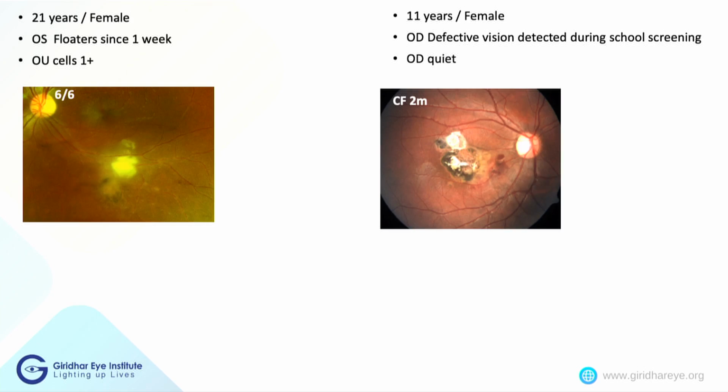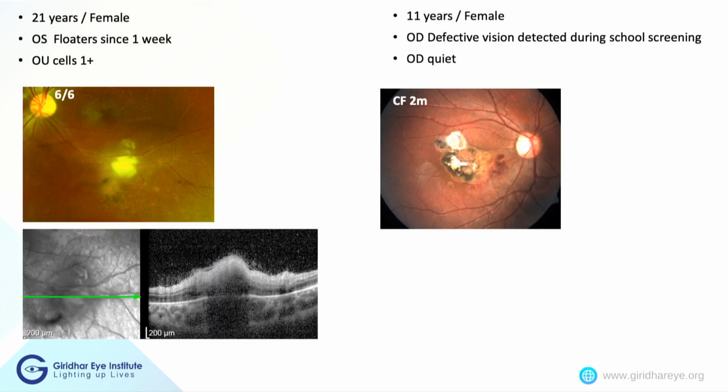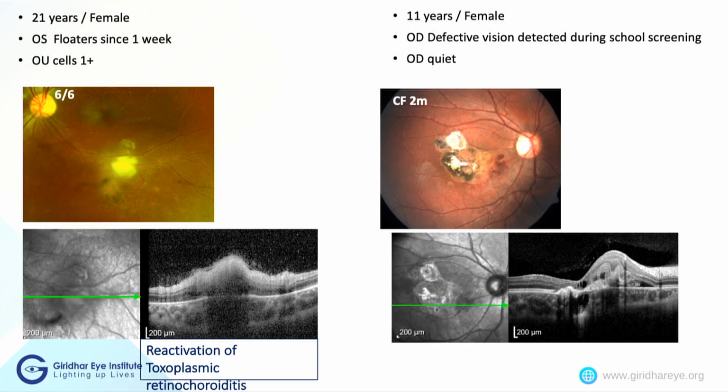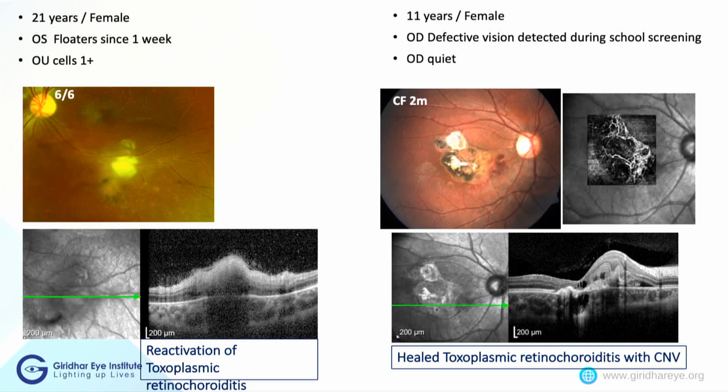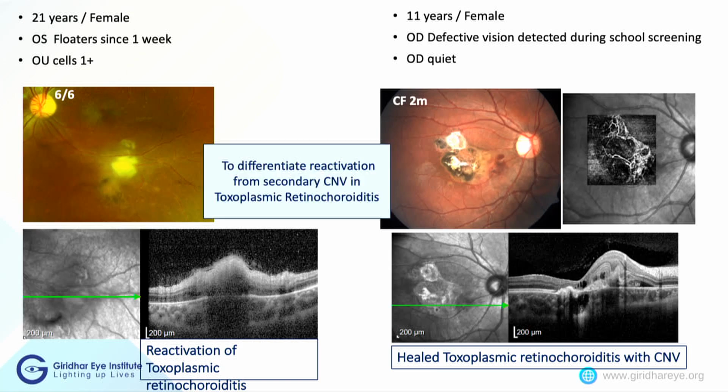Again, I am showing you two active lesions adjacent to a scar. In the first case, it is suggestive of reactivation of toxoplasmic retinochoroiditis, whereas in the second case, we can see subretinal hyperreflective material with intraretinal and subretinal fluid, and OCTA showing a network, showing that this is a case of secondary CNV with toxoplasmosis. So it is only with MMI you can differentiate between reactivation and a complication.